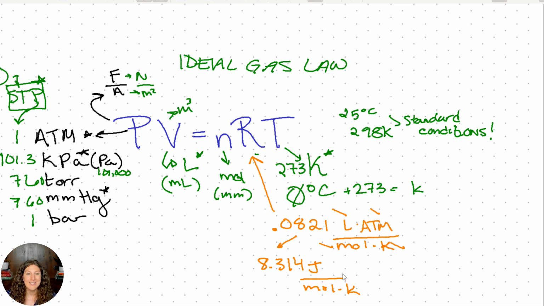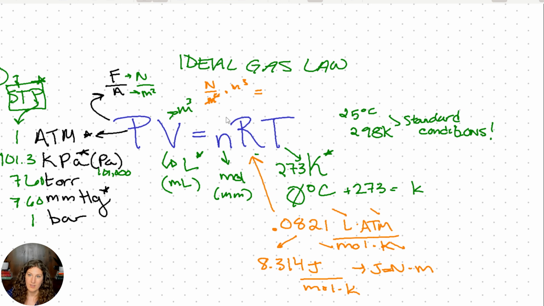You could just memorize this, but if you're curious, let's think about what a joule is. A joule is a Newton meter, but we don't have that. We have pressure and volume. But think about pressure and volume in our SI units: newtons over meters squared times meters cubed.